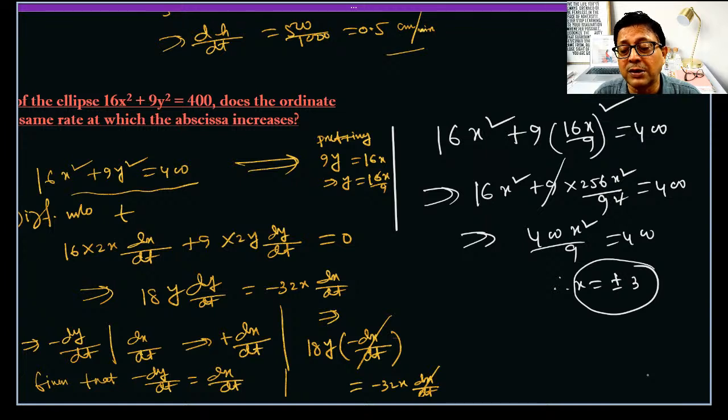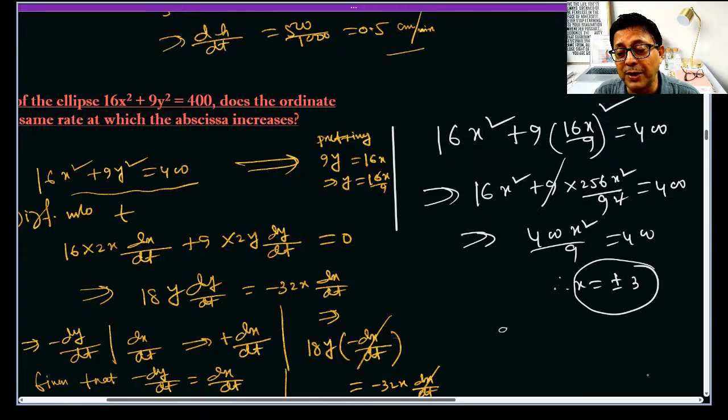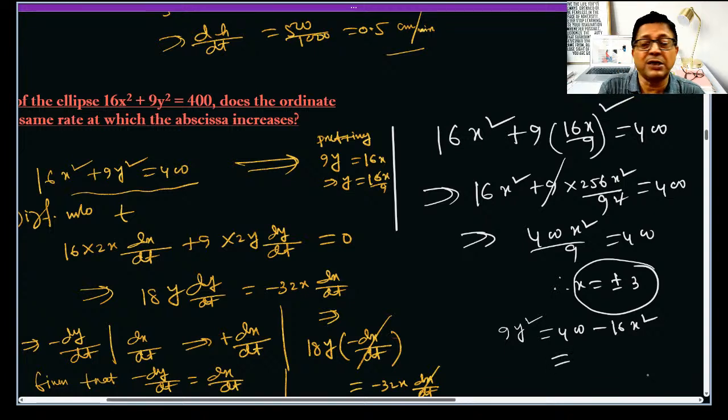Then what will the point be? From the equation only, you apply there. 9y equals 400 minus 16x square. Just substitute. Do try. Get the points.